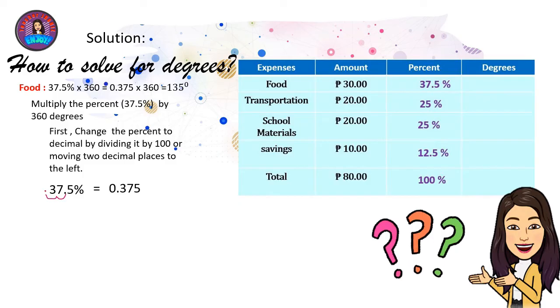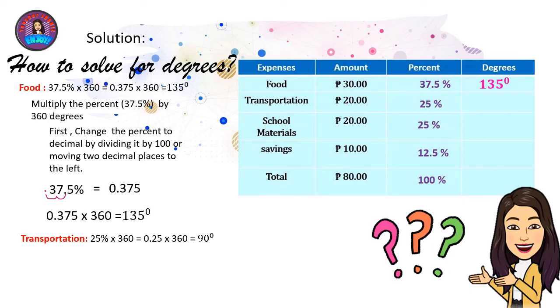And that's the time that we will multiply the decimal by 360 degrees. And we get 135 degrees for food.